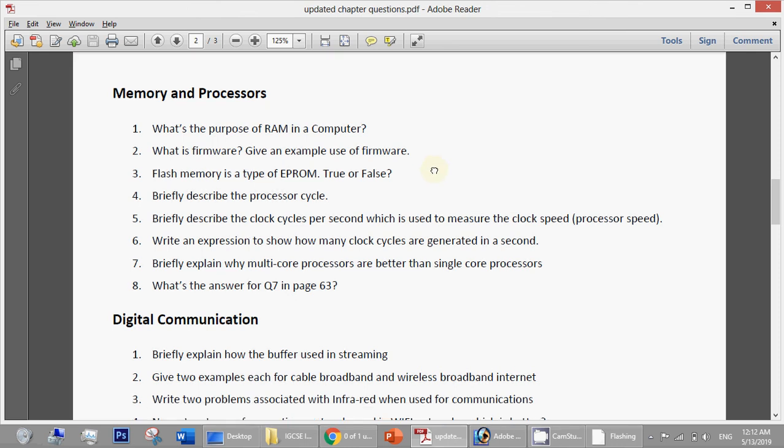Briefly describe the clock cycles per second, which is used to measure the clock speed or the process speed. Well, this can be a bit confusing, and if you closely look at the book, clock cycles per second is measured in hertz. 1 hertz is 1 cycle. Actually, inside the processor there's a clock, internal clock, which gives pulses.